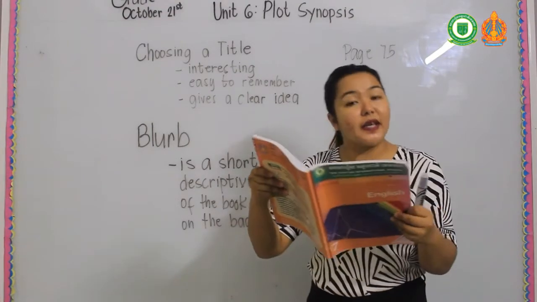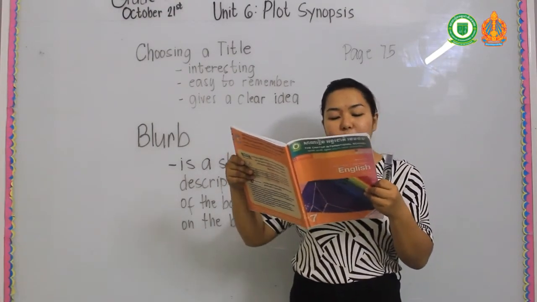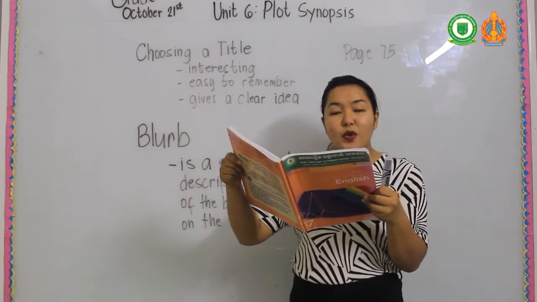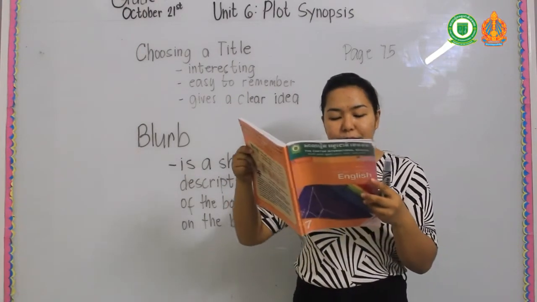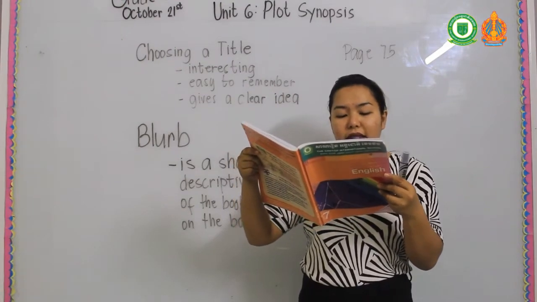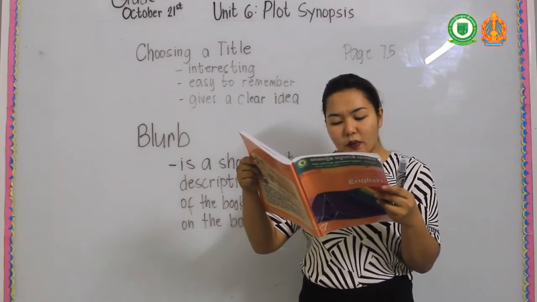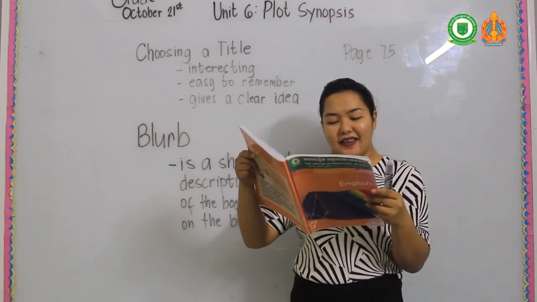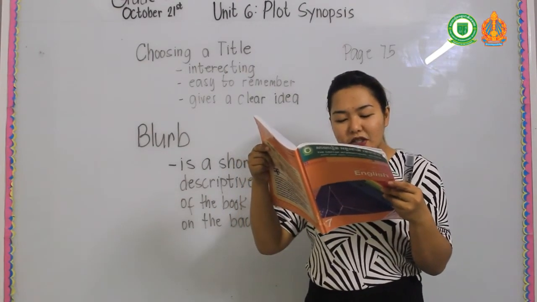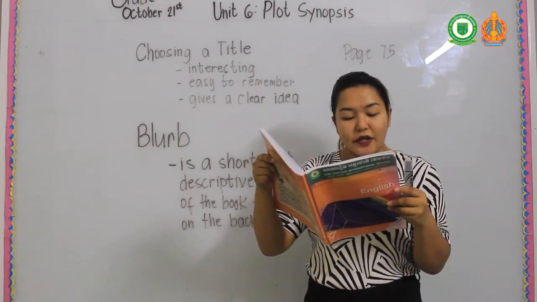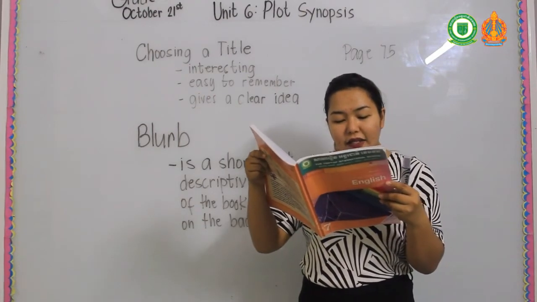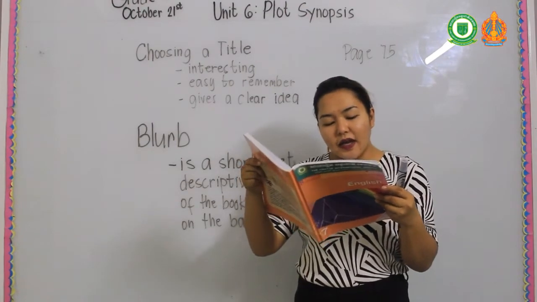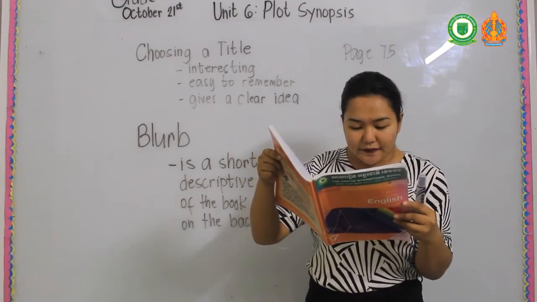Okay, so in your book it says the aim of a blurb printed on the back cover of a book is to attract readers, but without giving away exactly what will happen in the story or how it will end. Okay? It mentions the main characters and their general situation and tries to make them sound interesting and exciting enough to arouse curiosity.